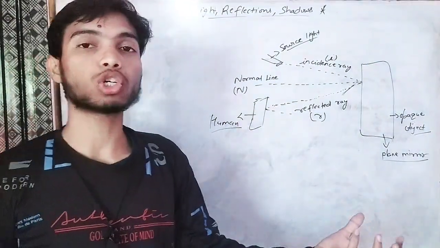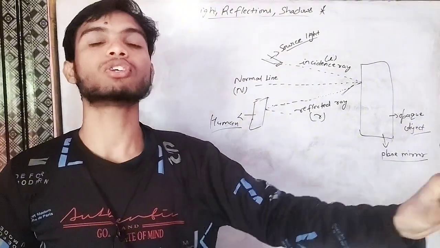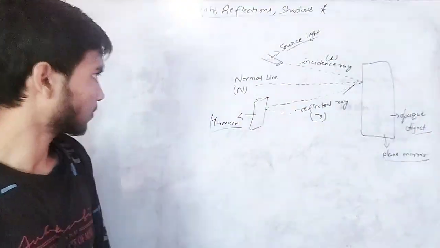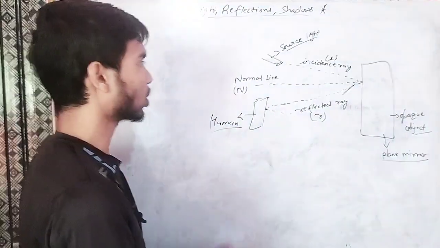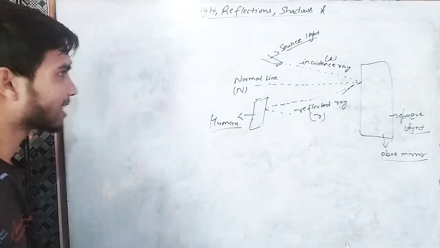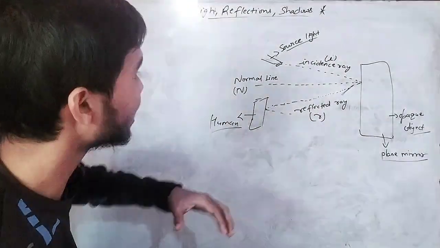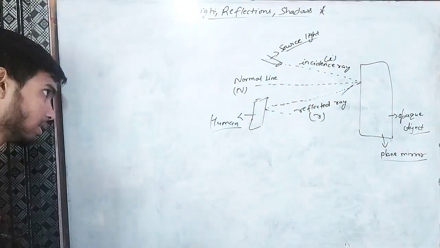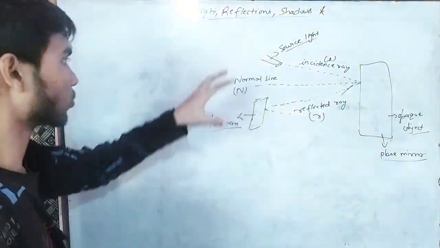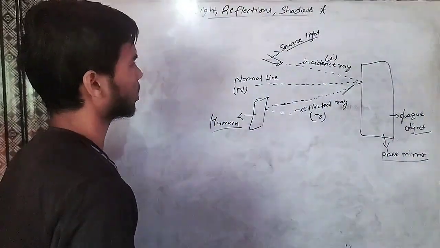This is the process that makes an image of us inside a plane mirror. That's how we see our image inside a plane mirror because of this process. Clear?